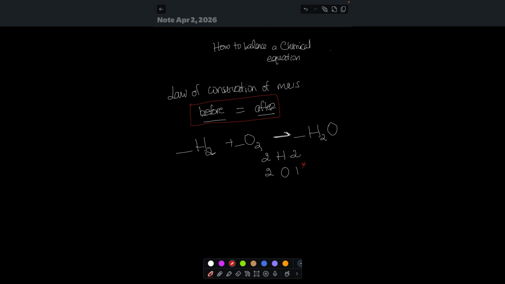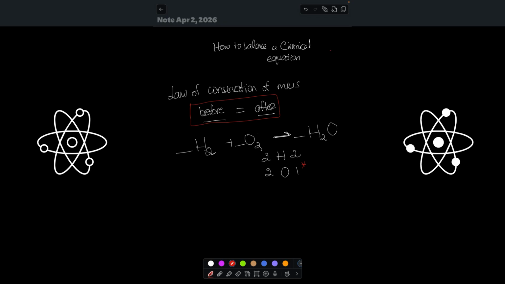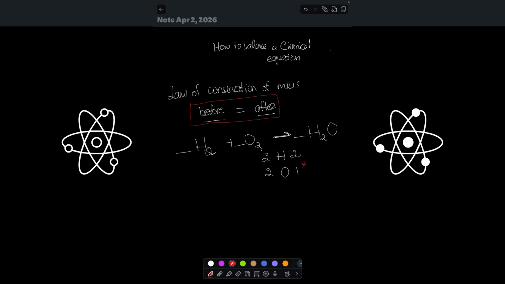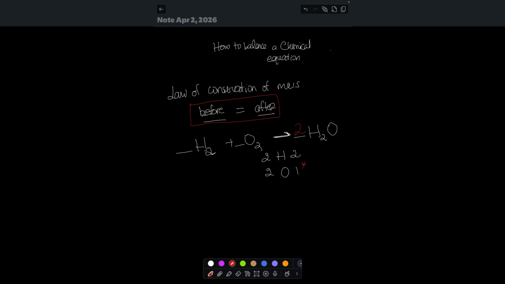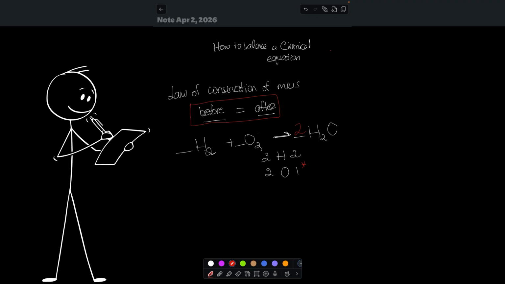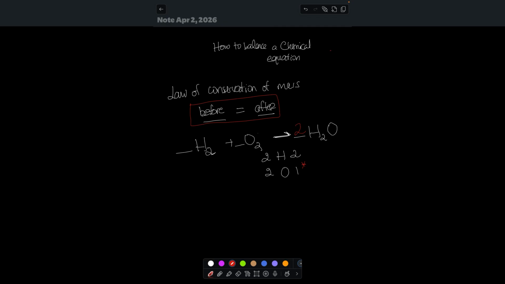So, what would I need to do to create 2 oxygen atoms? Again, all I need to do is write a 2 as a coefficient in front of the formula, right? I would not be allowed to put a subscript over here, only coefficients.